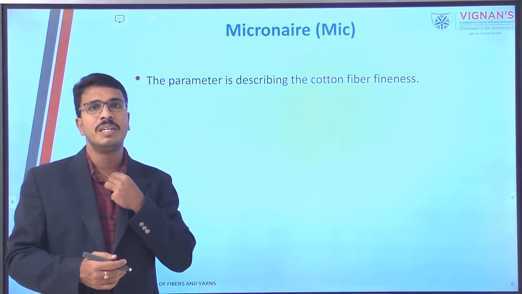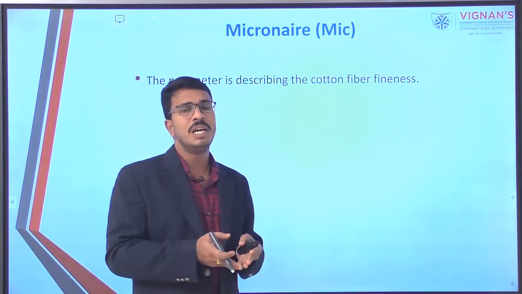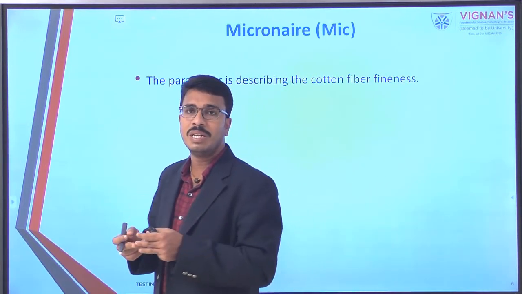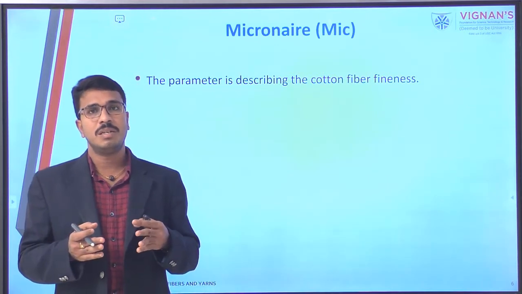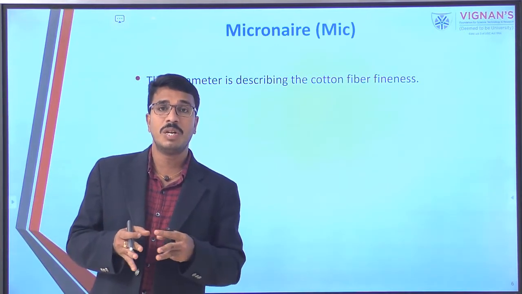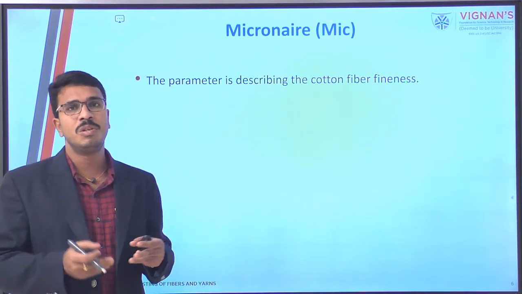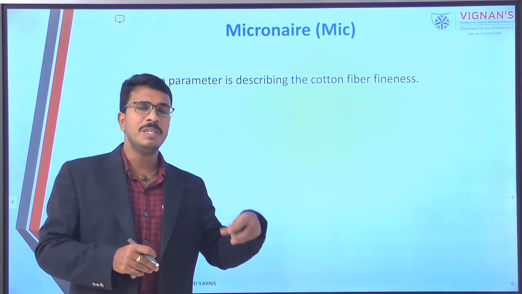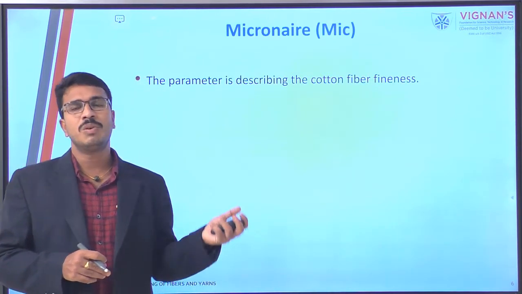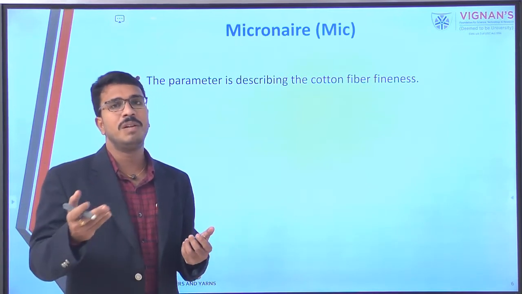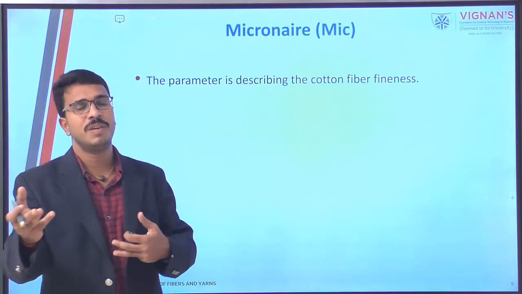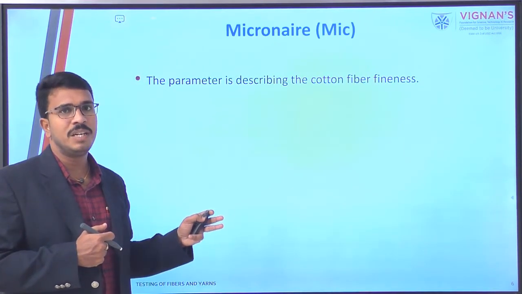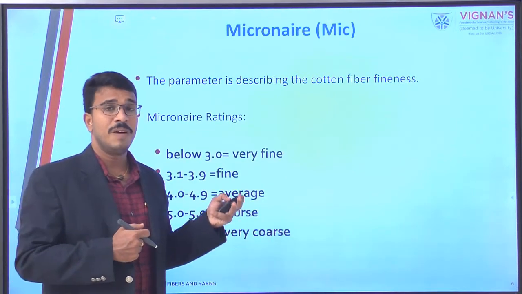If the fiber is finer, it has more surface area and obviously less air will pass through. If the fibers are coarser, less surface area is available and more air will pass through. Based on that airflow principle, this instrument finds out the Micronaire, that is, the fineness of the fibers.